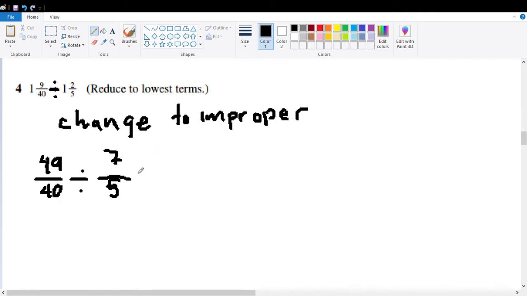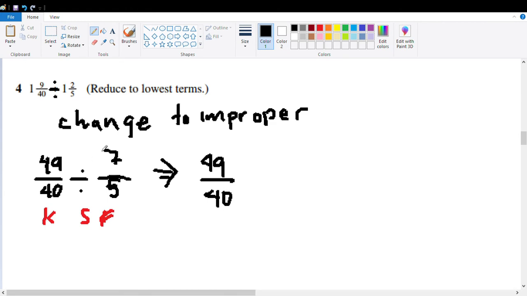So what do we do? Well, keep, switch, flip. We're going to keep 49 over 40 as is.